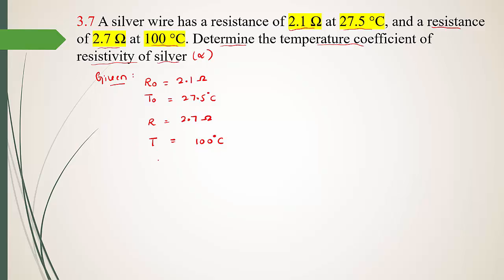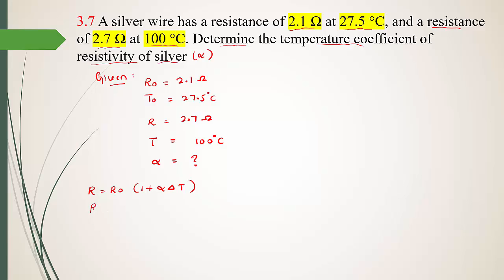Here we have to calculate the temperature coefficient of resistivity of silver. Let us take it as alpha. Yes, we know the equation R equal to R0 (1 plus alpha delta T). You can remember this equation. We want the alpha value, so let us modify this equation.